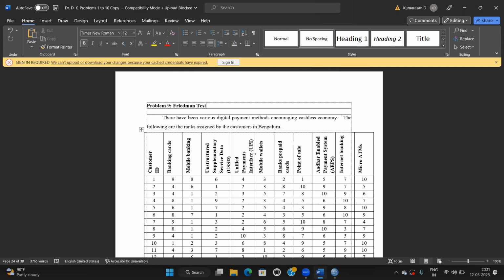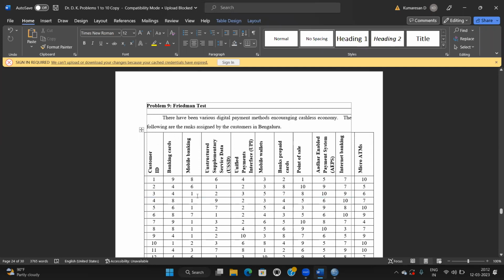Now the customers are asked to rank these digital payment methods: according to you, which is the first preferred digital payment method. See here, the first customer said point of sale is the first one. The second customer said USSD is the first one.